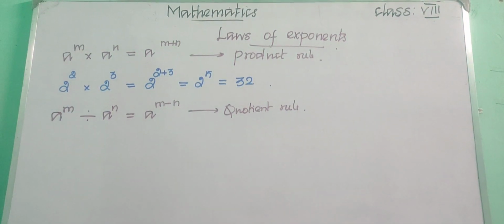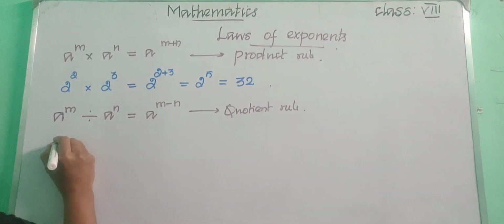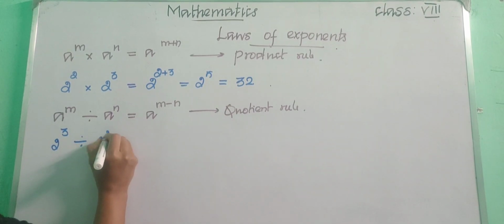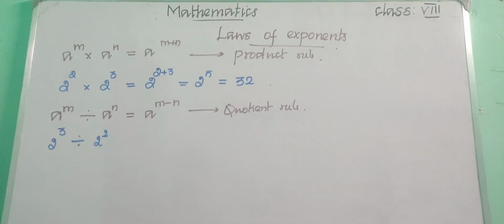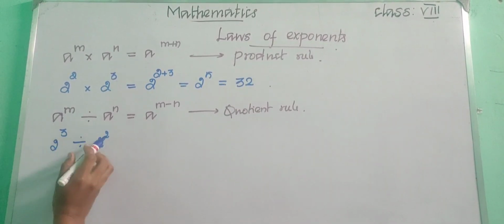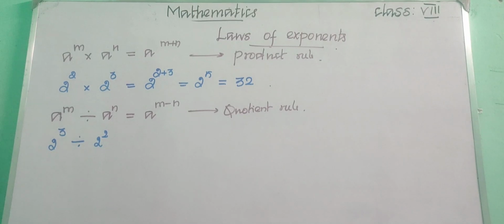Okay, children. So let us see the example for this. If you are having 2 power 3 divided by 2 power 2, now also we are having the same base but different powers, and the symbol is divide. So what we need to do?